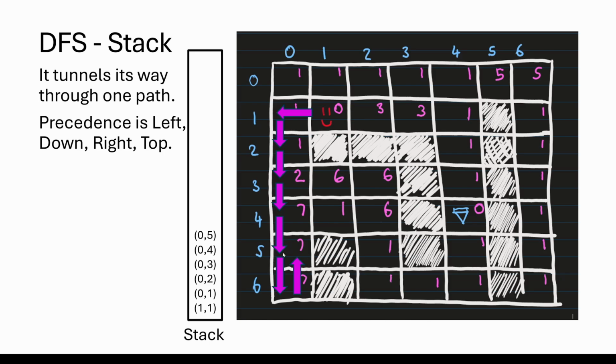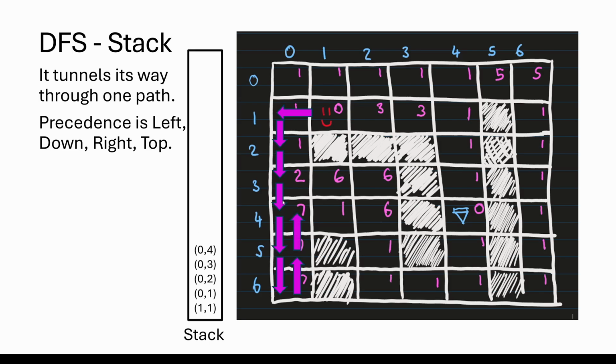At 0, 5 we ask the same question, can we take another movement? We can't go left, we can't go down, that's where we just been, we can't go right because it's blocked, and we can't go up because we just visited that grid. So we have to backtrack again.